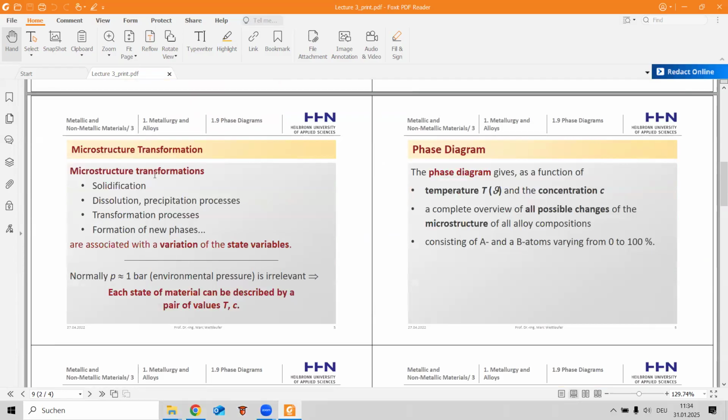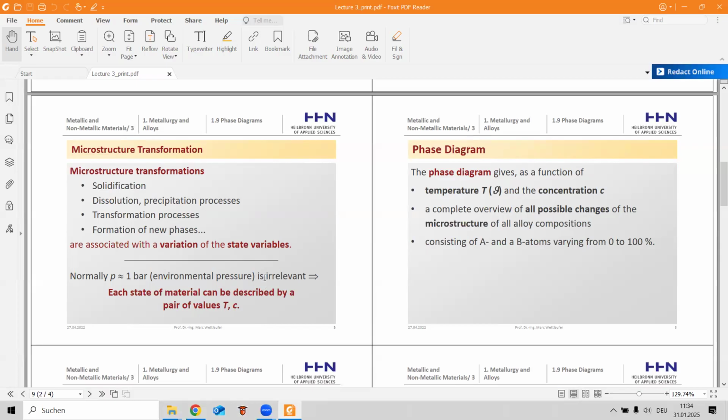Structure transformations. Macrostructure transformations can be solidification, dissolution, precipitation processes, transformation processes, formation of new phases. They are associated with variation of the state variables. Normally pressure is around 1 bar, environmental pressure, so it is irrelevant.